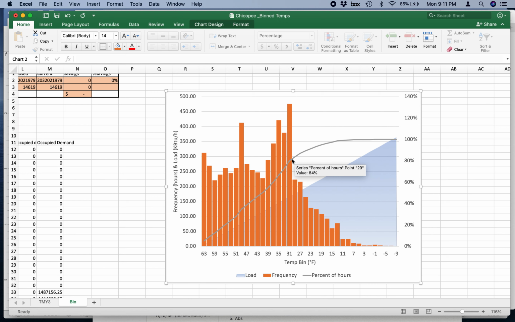So if we're thinking about the efficiency of heat pumps, and we know that they're actually quite efficient, with a coefficient of performance well above 3 at around freezing, then we know that might be a good application in a location like this. The other thing you see is this load, and obviously it's a straight line because it's related directly to temperature.